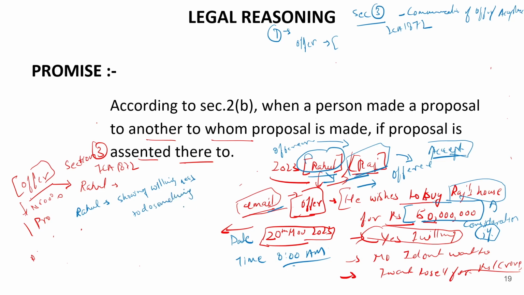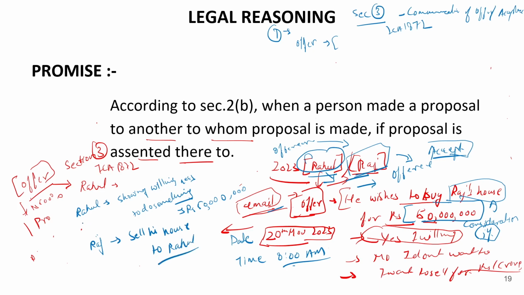And what is he doing? He is willing to give rupees 50 lakhs. So this is what he is willing to do. And why is he willing to do it? On this particular condition, that Raj sells his house to Rahul.